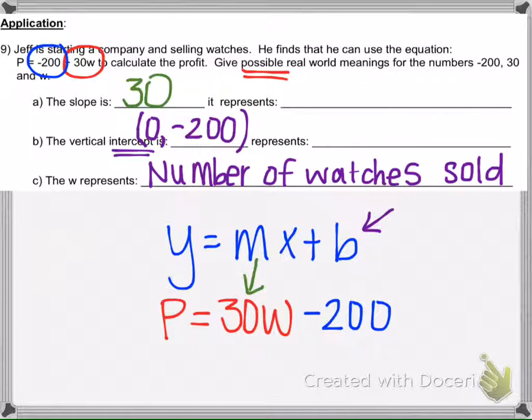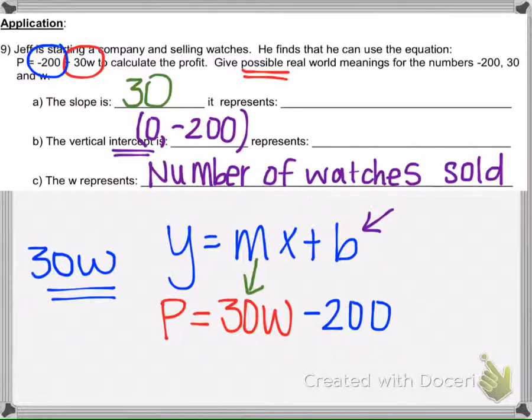Okay, so now we have to think about what the 30 and the negative 200 represent. So if we think of the 30 here, if the 30 is next to the W, remember this is multiplication. That means something that's going to happen over and over again, like 30 plus 30 plus 30 plus 30.